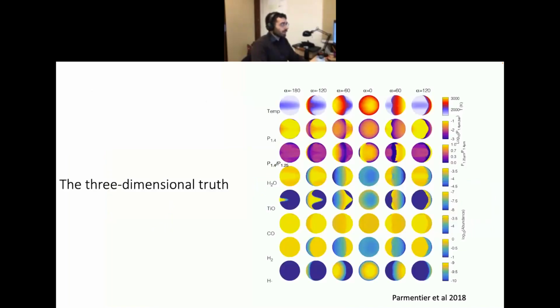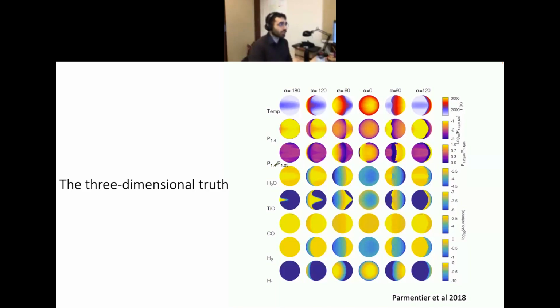The fact is that this one-dimensional approximation can work for some classes of planets, but we still need to remember that planets can be very complex. They can have very complex three-dimensional structures, and sometimes a one-dimensional approximation can lead us to a very biased understanding of exoplanetary atmospheres.